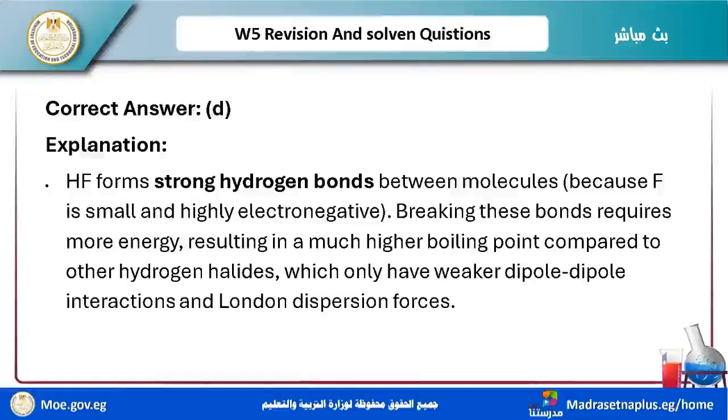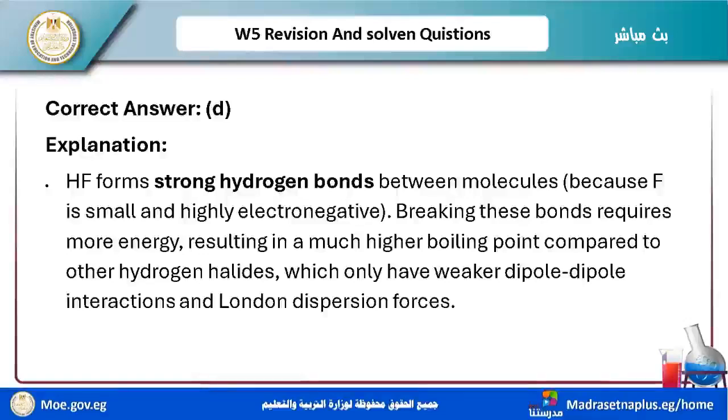So HF forms strong hydrogen bonds between molecules because fluorine is small and highly electronegative. Small in what? Small in radius and high in electronegativity.